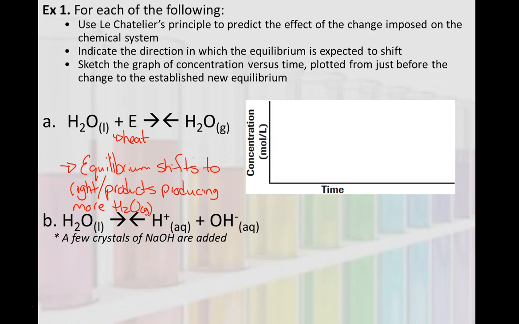Okay, so the way that they like to represent all these Le Chatelier's principle changes graphically is I take whatever concentration, we assume it's at equilibrium, so we just draw a horizontal line, it's unchanging, and then we say, okay, we add energy, what happens? Let's say this is the concentration of H2O gas. It would be constant, and then it would increase as the heat increases, and then eventually you would reach another point of equilibrium, where it would be horizontal again.